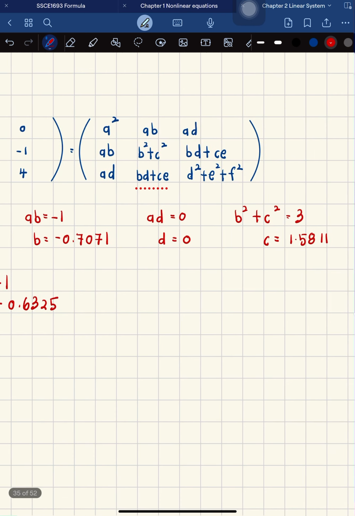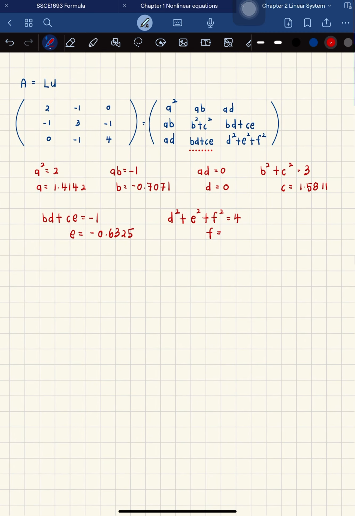And last one, DE plus E squared plus F squared equal to 4. So F is equal to the square root of 4 minus D squared, 0, minus E squared, which is 1.8974.